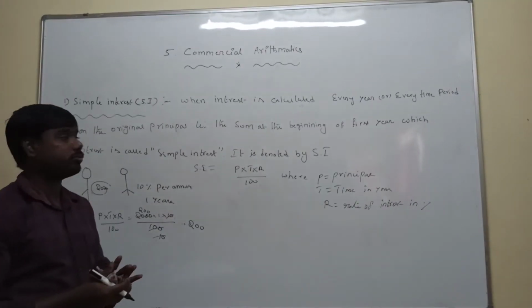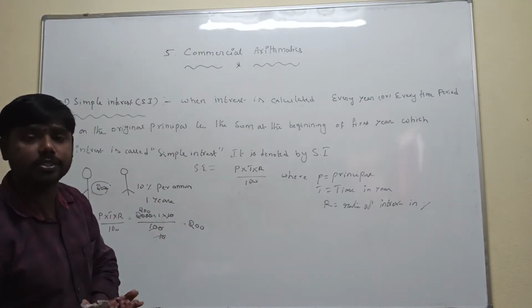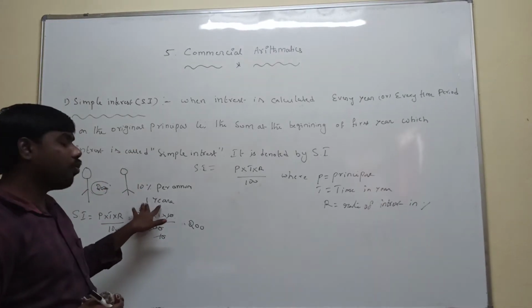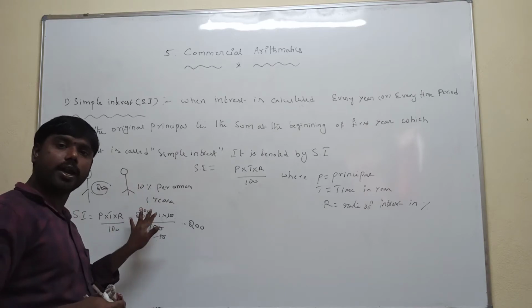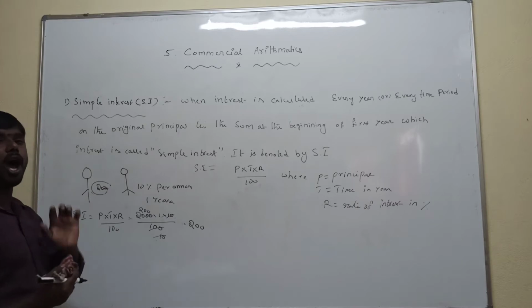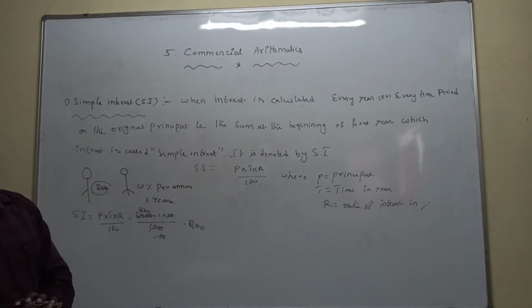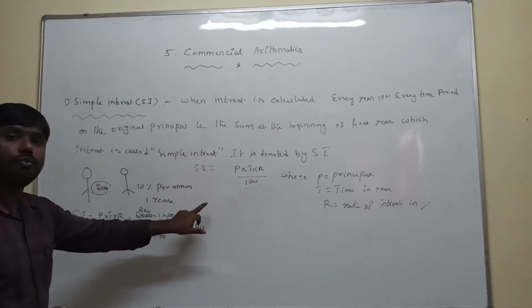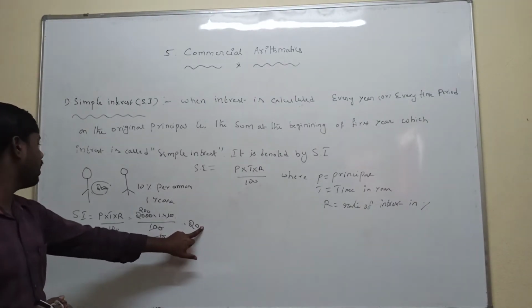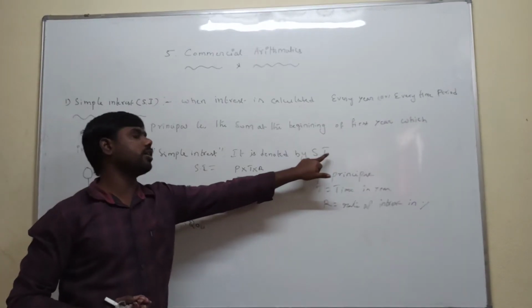So everyone understood? Simple interest is when interest is calculated only on the original principal amount, the sum at the beginning of the first year. Simple interest is denoted by S.I.